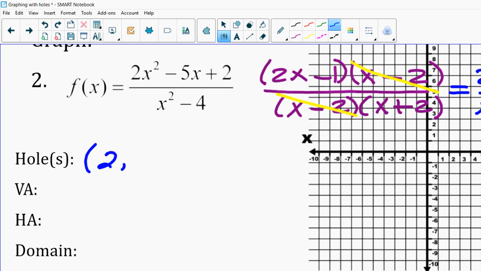To find out the y value of the hole, plug that 2 into what you got left. What's 2 times 2, minus 1? 3 over 2 plus 2. So 3 over 4. So your hole is right there.